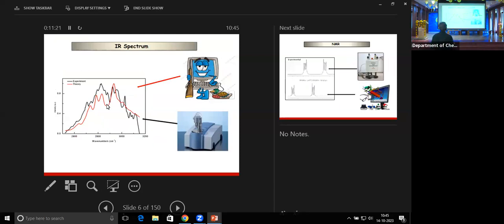Here is one example where the experiment and theory show, you see the apparatus, and theoretically you can get almost similar. So we are able to simulate almost similar kind of spectrum as the experiment is giving us.